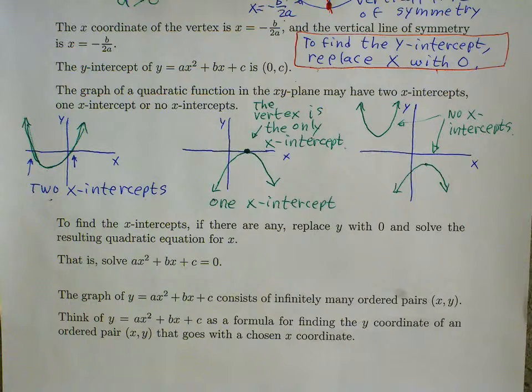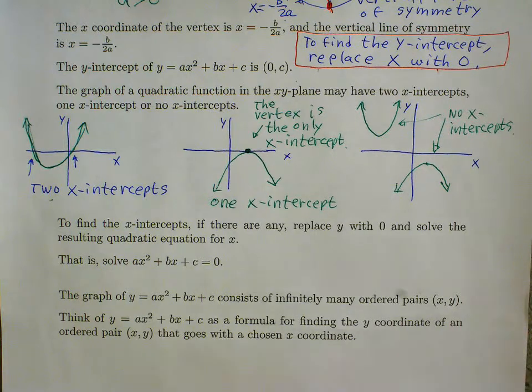We replaced y with 0 and solved for x. The same is true for finding the x-intercepts of a parabola or of a quadratic function. To find the x-intercepts, if there are any, replace y with 0 and solve the resulting quadratic equation for x.